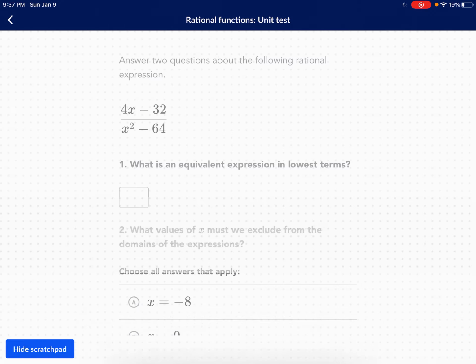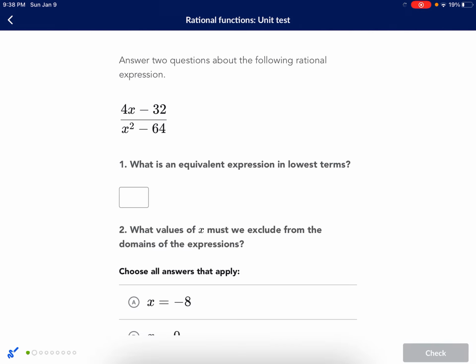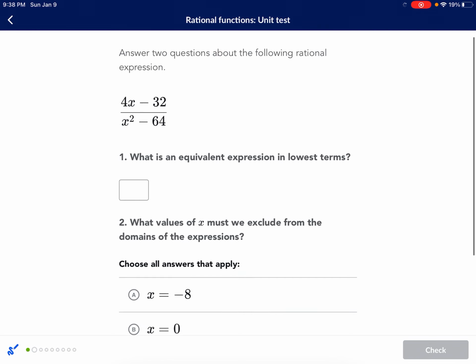Okay, just factor both. 4x minus 8 over x plus 8x minus 8, which is the same thing. So we can get rid of this and this. So 8 can be a removable discontinuity.